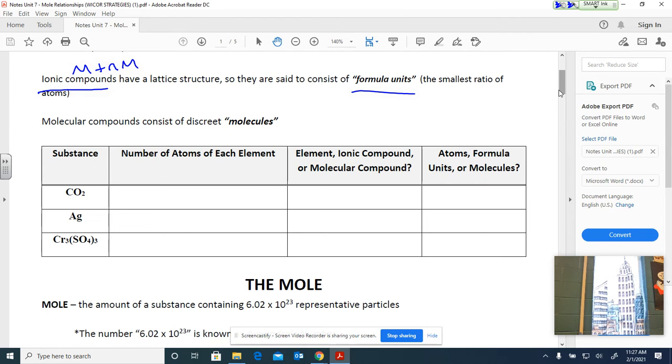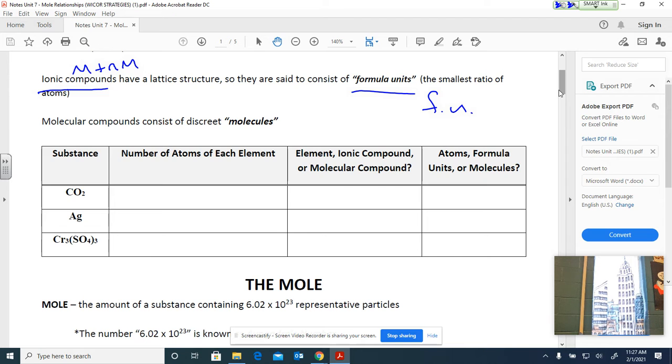So literally, this is the only time in this class where you can funnily write this on your paper and it actually be accurate. The shorthand to write formula units is FU. That is actually what it is. That is its scientific shortening syllables, okay? So you are allowed to write it on your paper if it is a metal or non-metal compound, an ionic compound.